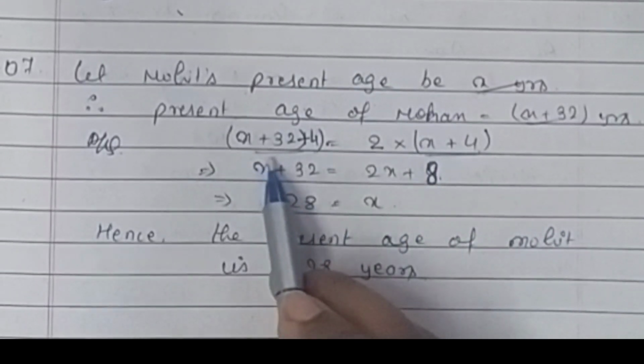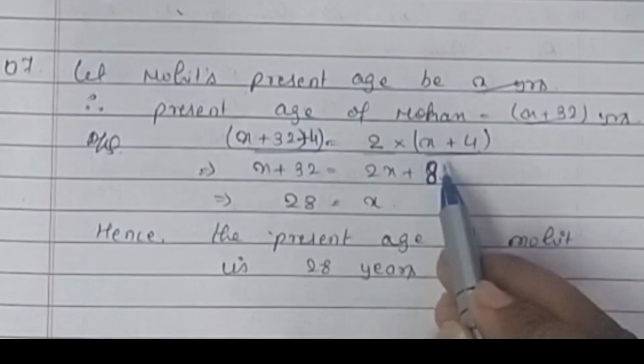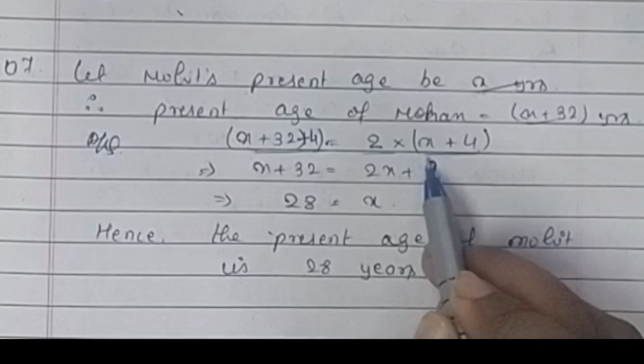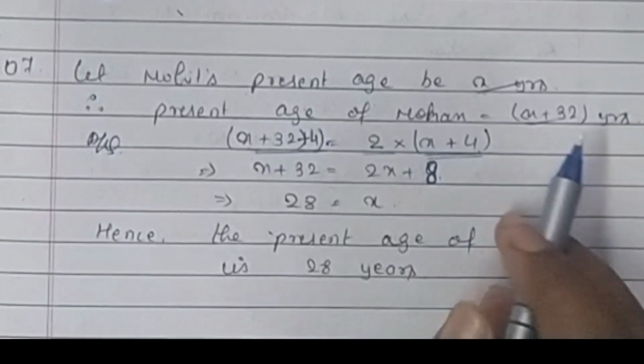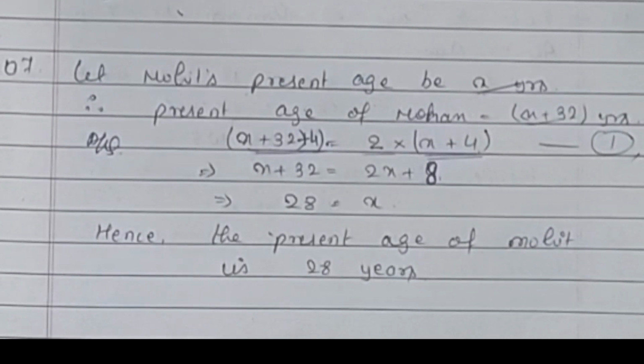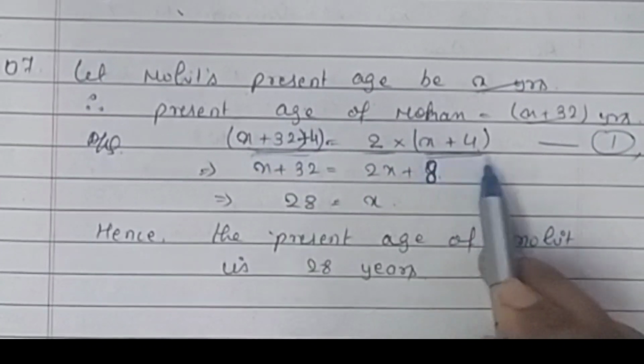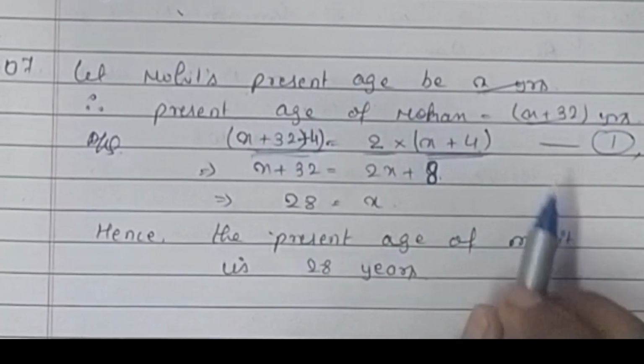So in 4 years, Mohan's age is 2 times the age of Mohit. We have made this equation by following the statement.